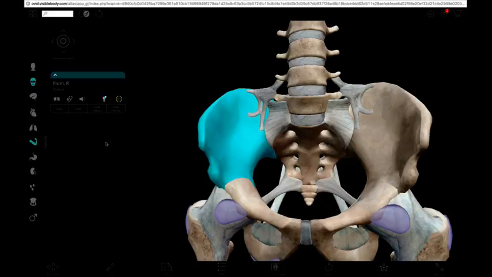When we talk about these large pelvic bones, there are two separate pelvic bones. They're really called coxal bones, os coxa, or innominate. They really have three different names. But each one of those coxal bones is made of three separate bones.